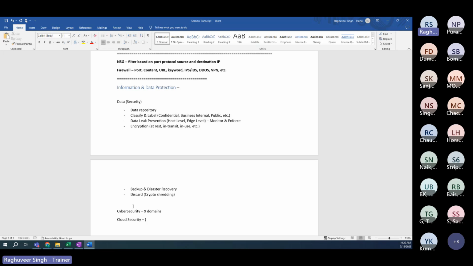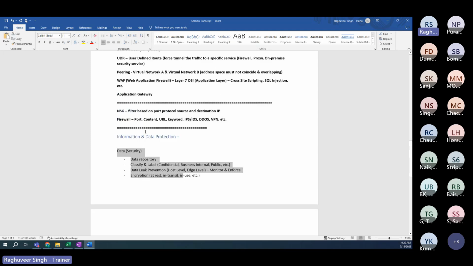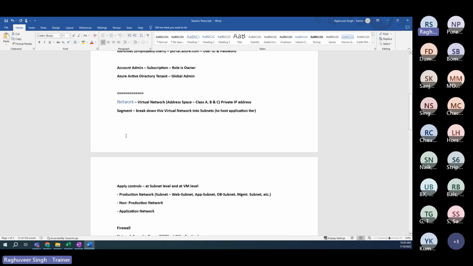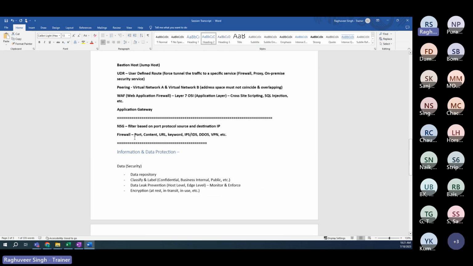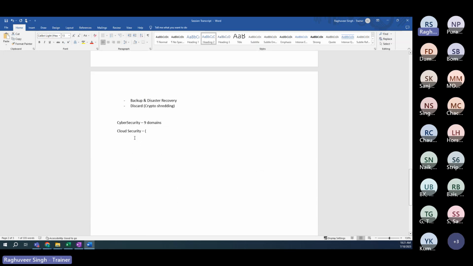Because being a cloud security professional, it is not sufficient for you to only know data security. You will need to have equal competence on network security also. You will need to have equal competence on compute and database security also. You will need to have equal competence on other domains also. So if you get into the cloud security domain, you will find yourself getting a good comfort level with all the security domains.